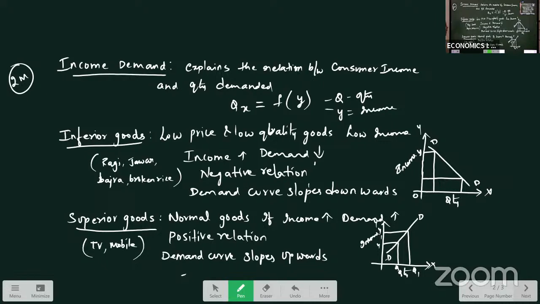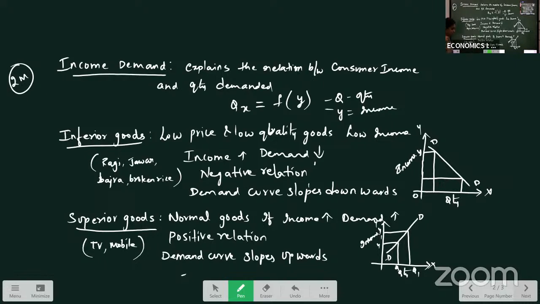In this case, income is the factor affecting the demand, not the price. As income increases, we demand less quantity of inferior goods. As there is a negative relation between consumers' income and demand for inferior goods, the demand curve slopes downwards.